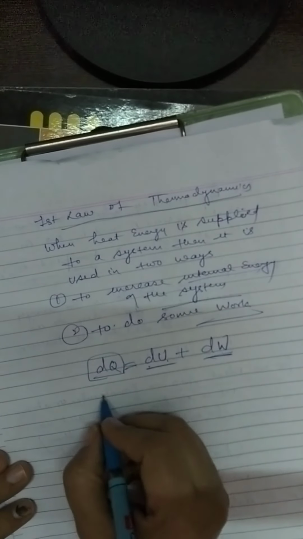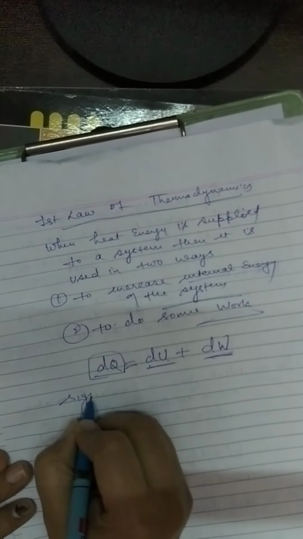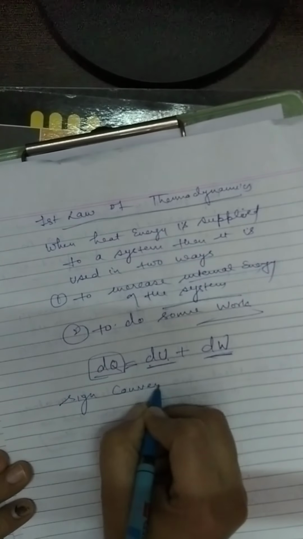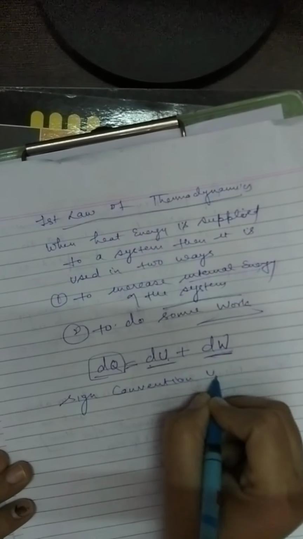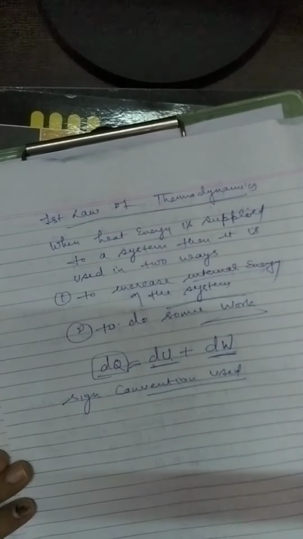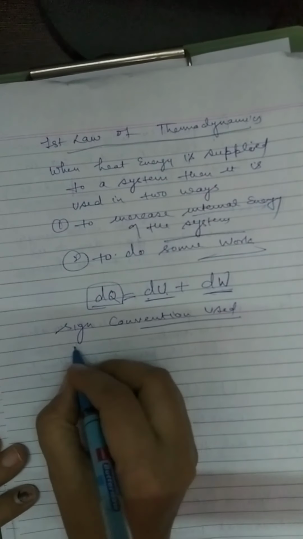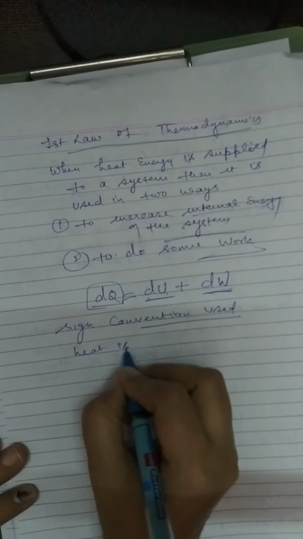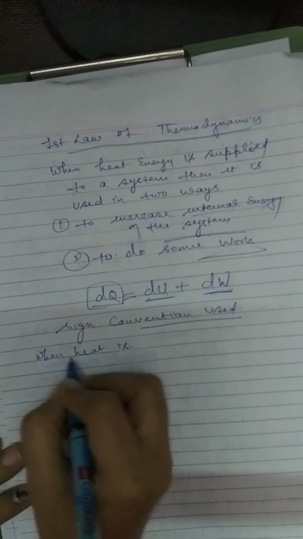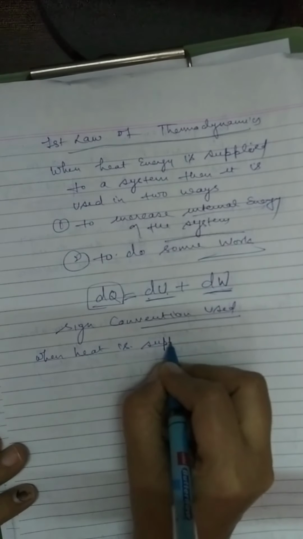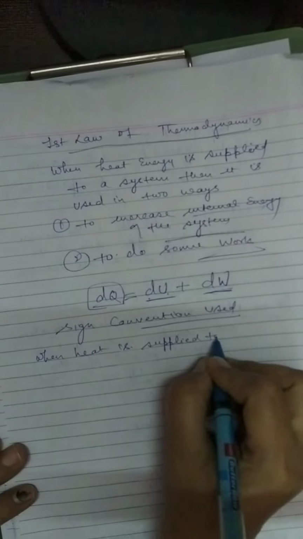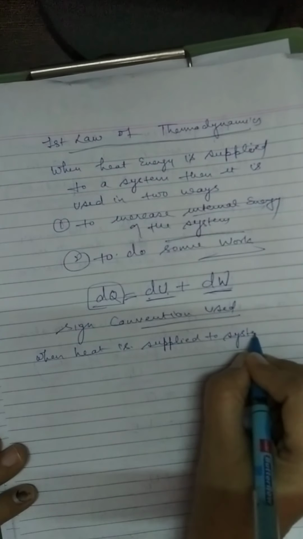Now the sign convention used. Whenever heat is supplied to the system, dq is positive.